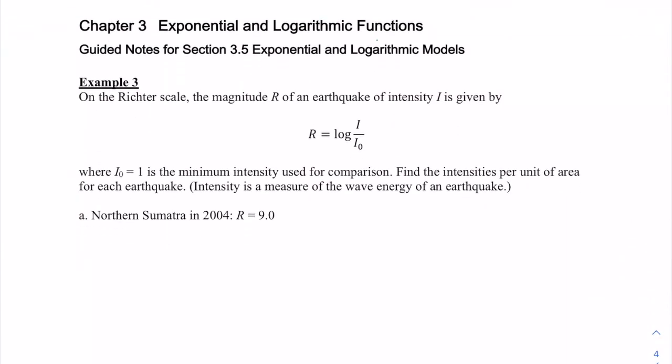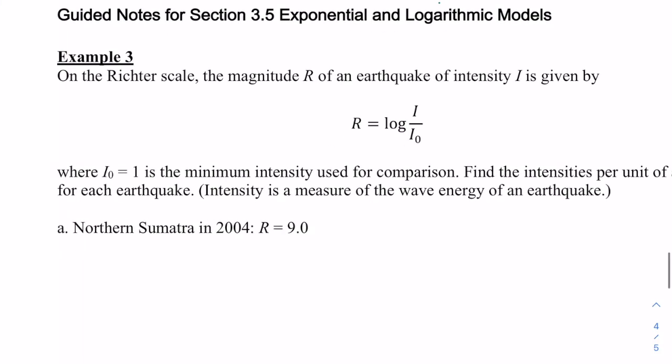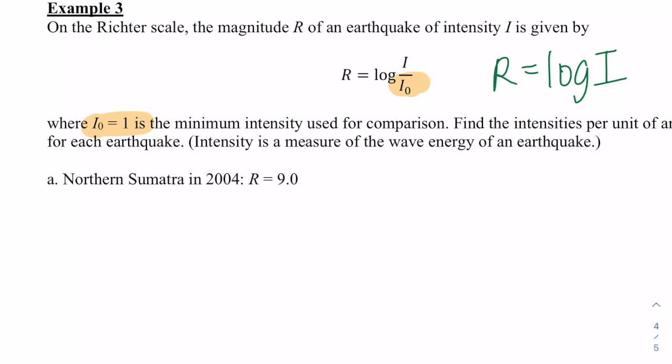And on the Richter scale, the magnitude can be determined with the given intensity I. And the minimum intensity for this comparison, I sub 0, is going to equal 1. So we know that R would just be the log of I. So if we're given that the Richter scale, or an earthquake in northern Sumatra, has an intensity of 9.0, then we can simply set this equal to each other.